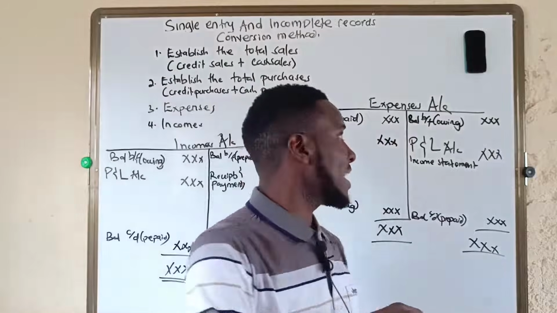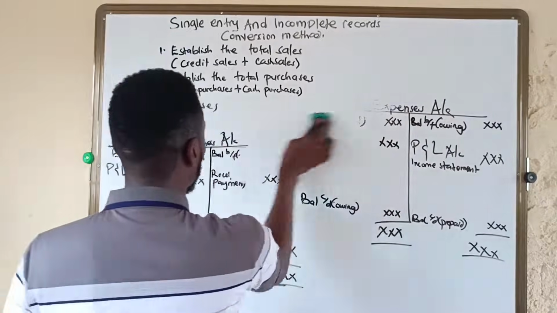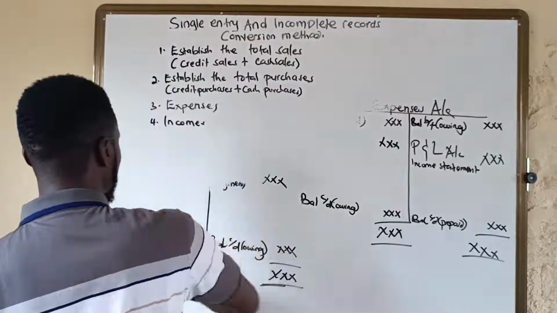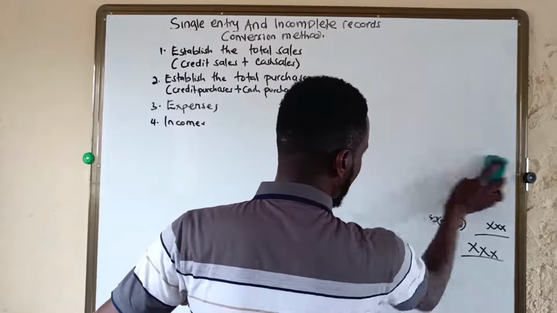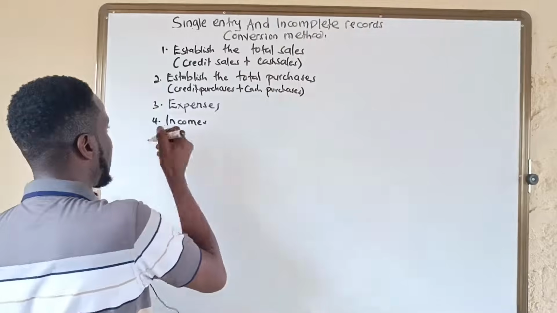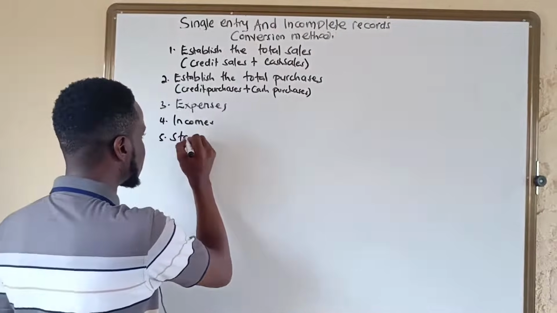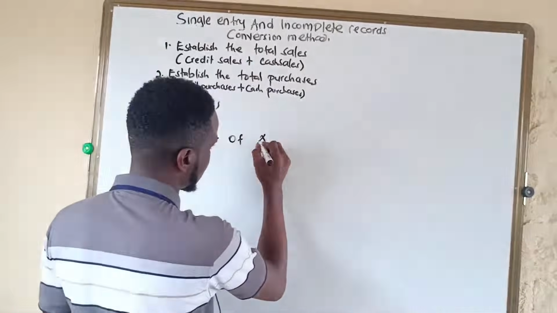So basically, that's what we are supposed to cover when it comes here. Now, there is one more thing I want to cover before we continue. When you're preparing this, we are supposed to prepare the statement of affairs.